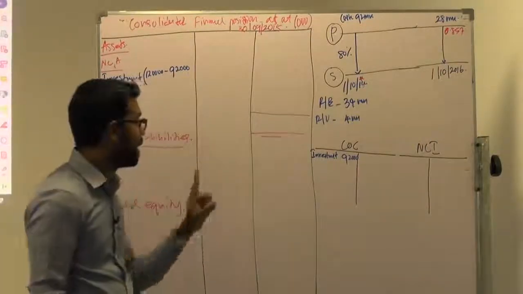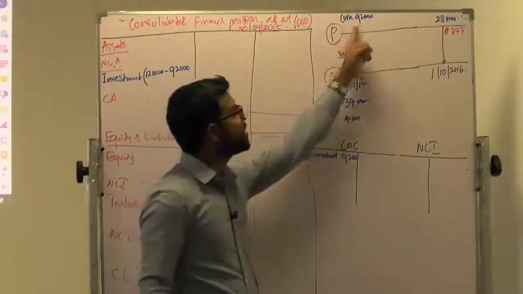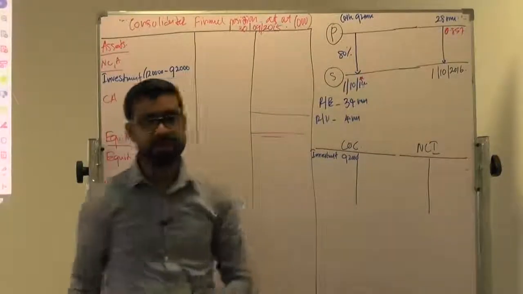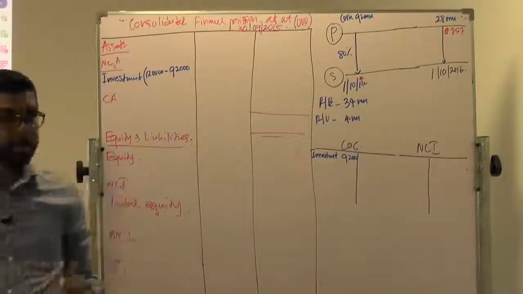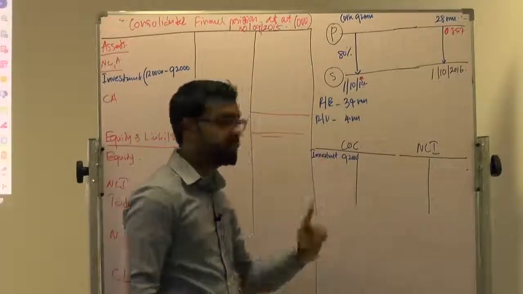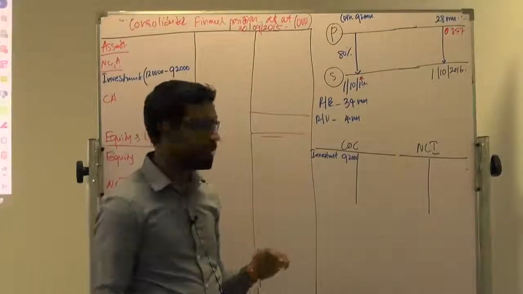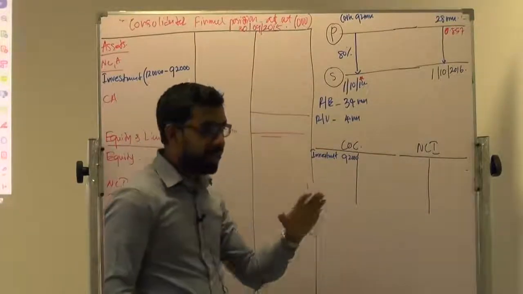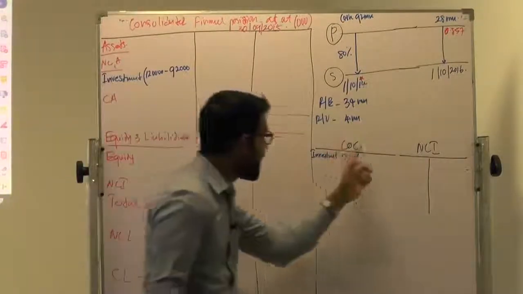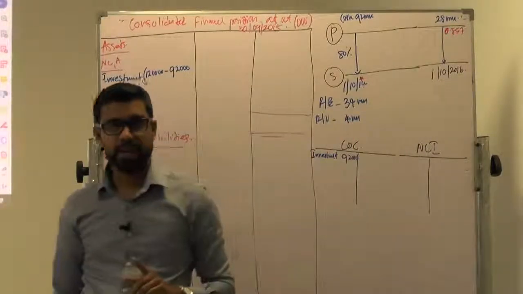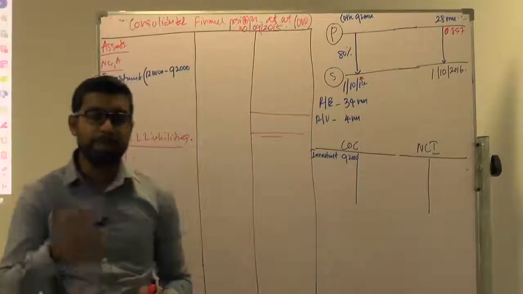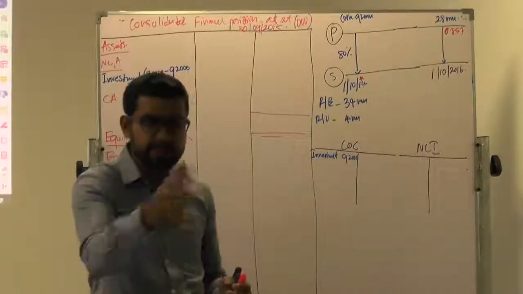Understand this. You have paid cash 92 million on this date to acquire 80% of S. This cash purchase consideration, you will pay at the market price. This is a market based valuation. Let's say when you purchase a land today, you will pay today's price.